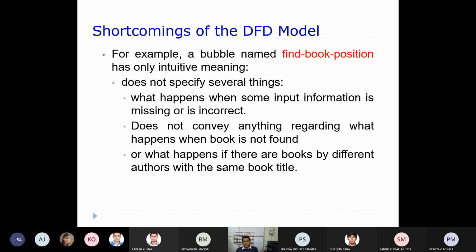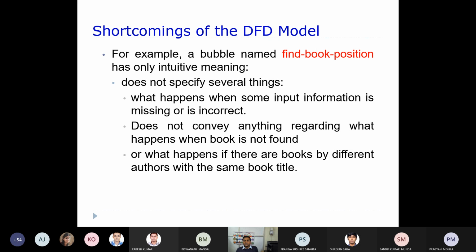That's a good example here: find book position. By seeing this bubble name, you may understand that a particular book is available in the library or something like that. But there are many other cases. What happens when some input information is missing or incorrect?